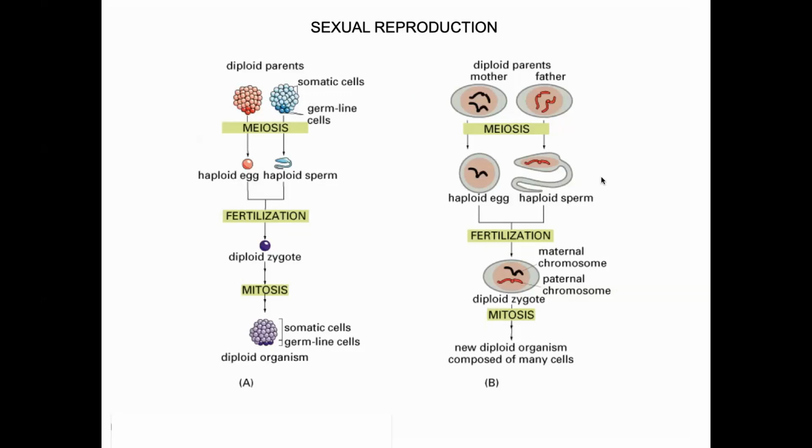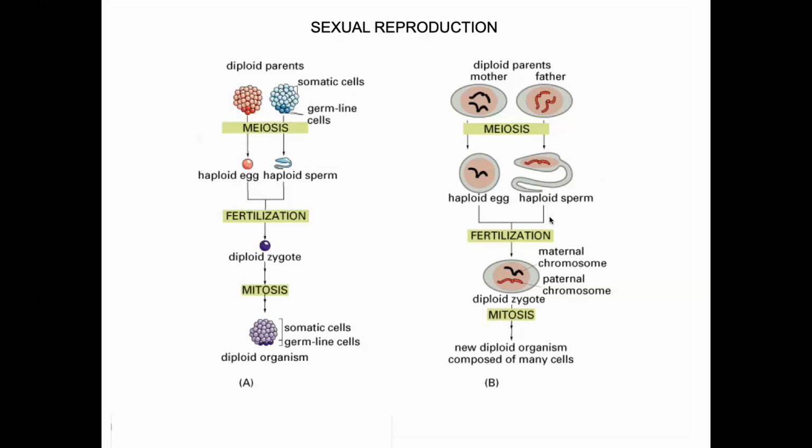So now, again, that single-celled zygote, through the fusion of the sperm and the egg, contains a diploid chromosome constitution. 46 chromosomes, one copy of every unique chromosome in the genome being contributed by the maternal parent, and the other copy being contributed by the paternal parent.